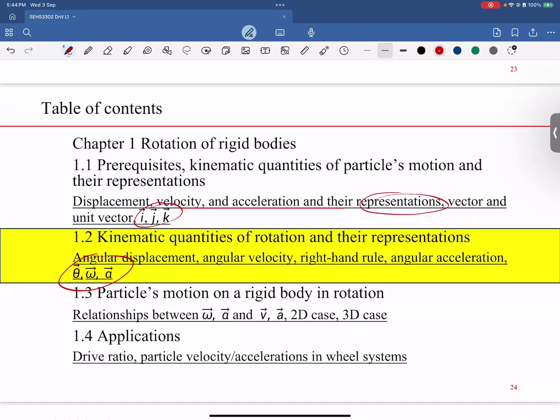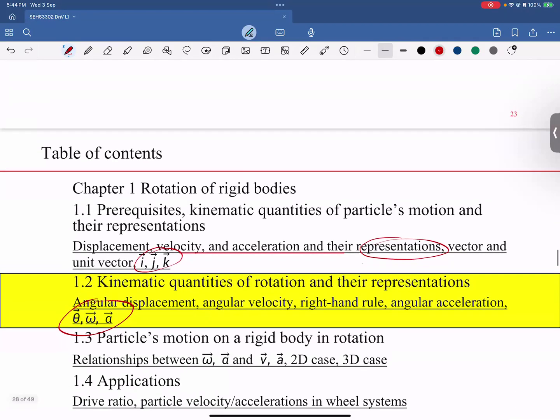In such a rotation, if we want to learn it, we need to clearly describe how it rotates. Similar to a particle, we have angular something.